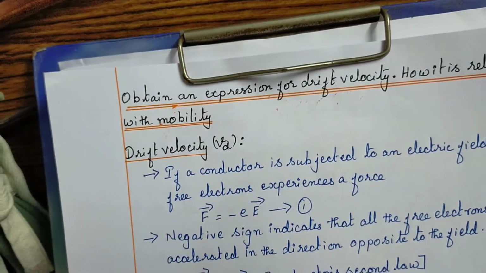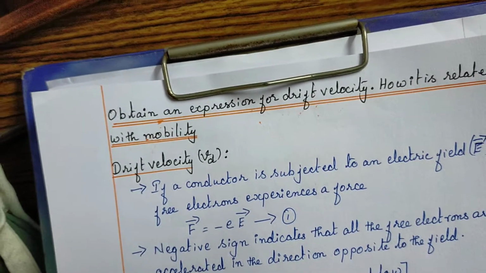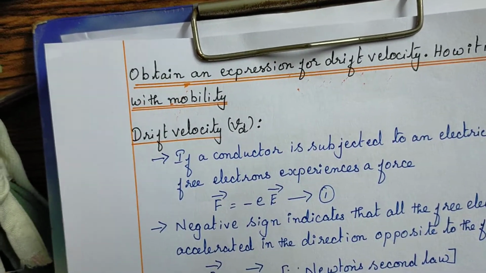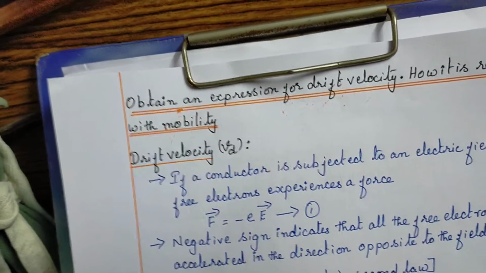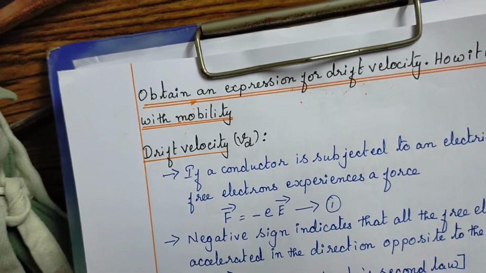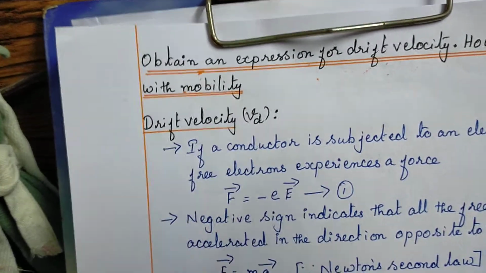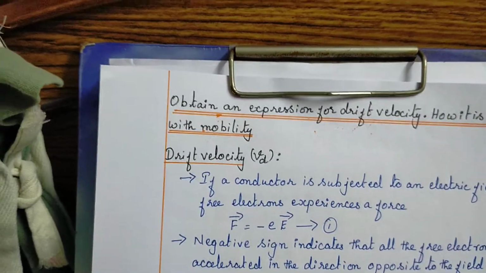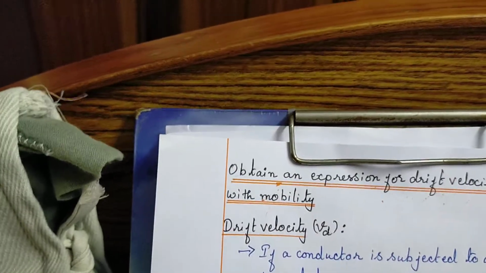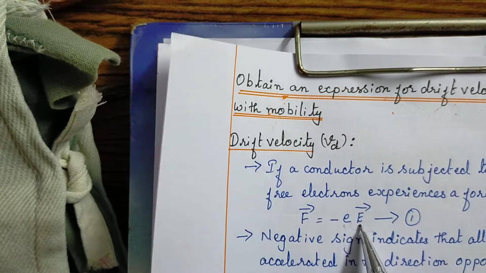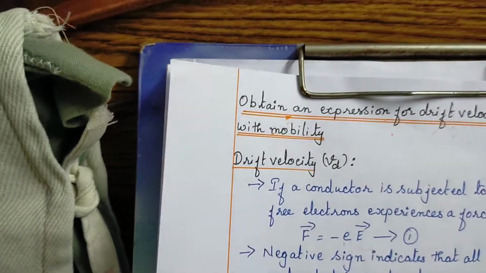When we place a conductor in an electric field, free electrons experience a force. Whatever is placed in an electric field experiences some force, and that force is F vector equals minus e E vector. Here small e is the charge of the electron, and capital E is the electric field.